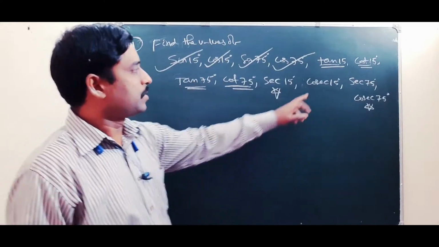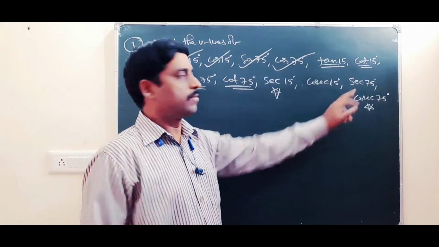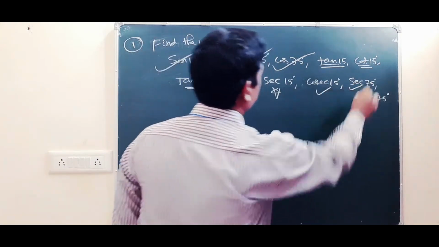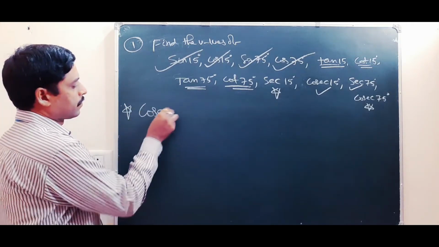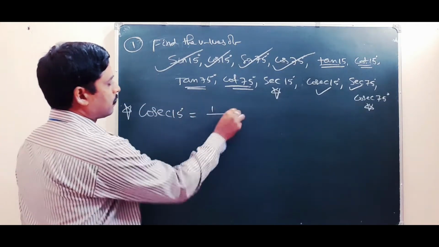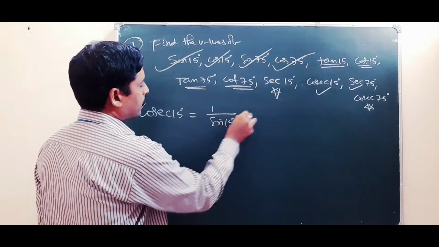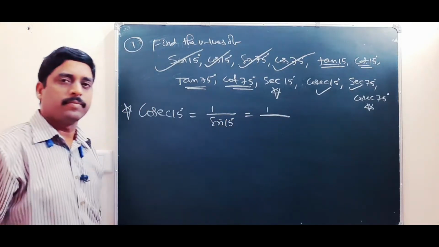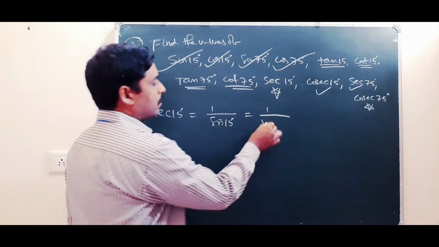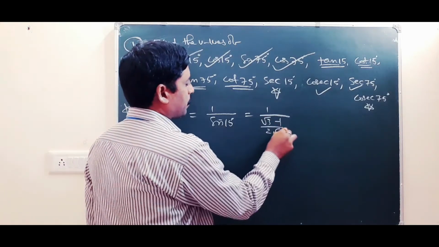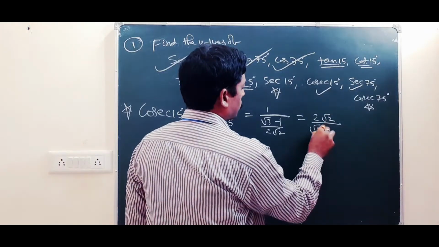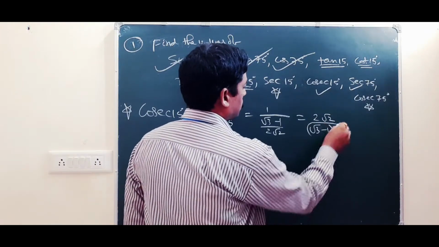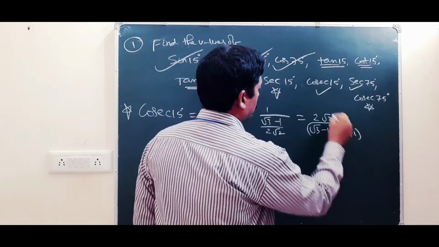Okay, now let us explain cosecant 15 and secant 75, which are both equal. Cosecant 15 can be written as 1 by sin 15. Sin 15 value we have root 3 minus 1 by 2 root 2, so this is nothing but 2 root 2 by root 3 minus 1. So let us do denominator rationalization.